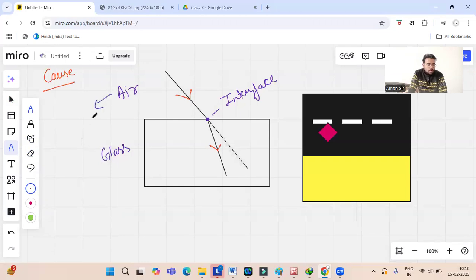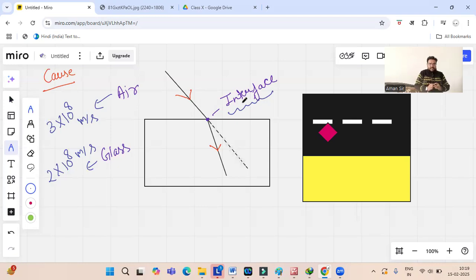Speed of light in air is 3 into 10 raised to the power 8 meters per second, and speed of light in glass is 2 into 10 raised to the power 8 meters per second. So once light enters from air to glass, at this interface, light experiences a sudden change in speed, and this causes the refraction. But how can it cause the refraction?